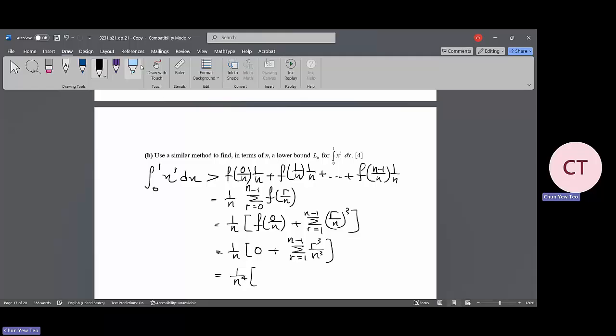And again, inside here, these expressions, we will use the formula, because the sum of r cubed is equal to n squared, n plus 1 squared over 4. This is n. But if your n changed to become n minus 1, then all the n here have to become n minus 1.